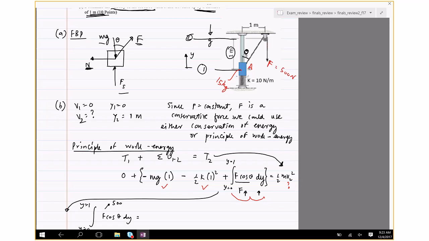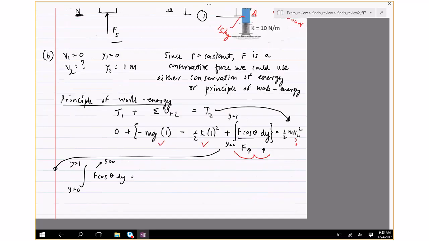You see that? This is y. As the particle A moves up, the angle theta increases. So you cannot integrate that unless you find y as a function of theta and then sub that in.